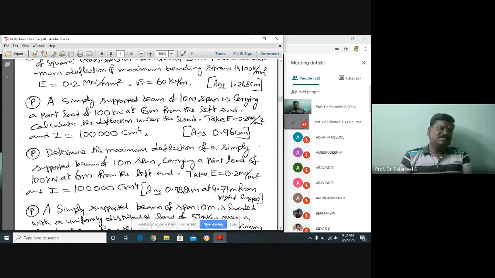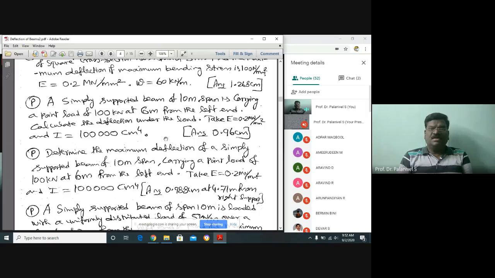Then apply boundary conditions and evaluate the integration constants. After evaluating them, you will get the final equation for deflection. In that equation, substitute x equal to 6 meters, because under the load you are asked to determine the deflection. The load is at a distance of 6 meters from A. That's why substitute x equal to 6 meters, so you will be getting the deflection there.